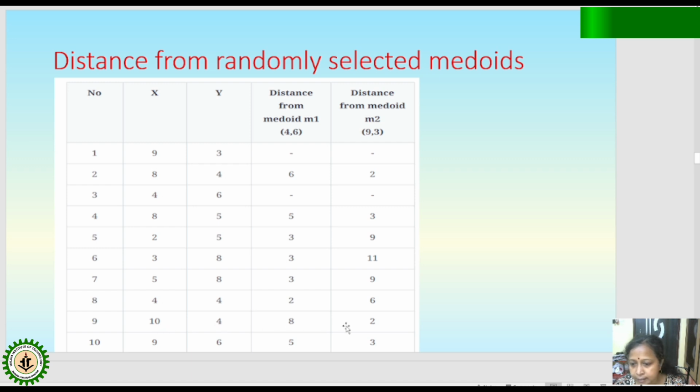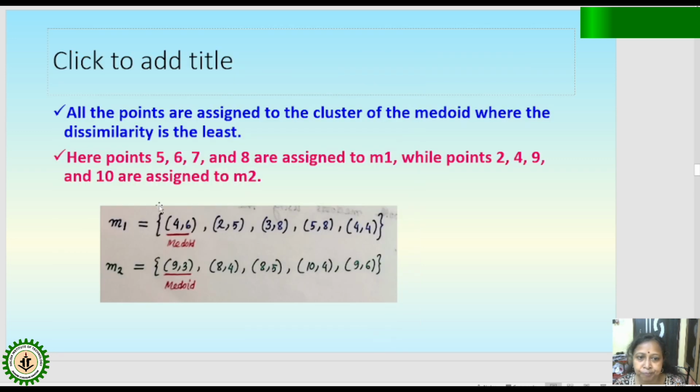The data point 10,4 is very close to the medoid 9,3, so assign 10,4 to the cluster M2. The data point 9,6 is very close to the medoid 9,3, so assign 9,6 to the cluster M2. Next.